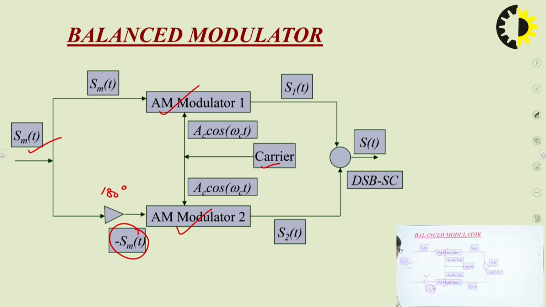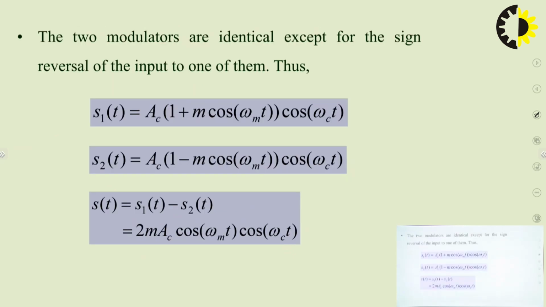The output of the first AM modulator is denoted by s1(t) and the output of the second modulator is denoted by s2(t). Here we can see the mathematical expressions for s1(t) and s2(t). This is the expression for an amplitude modulated wave.